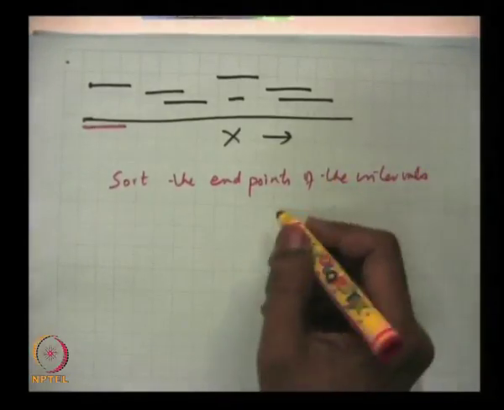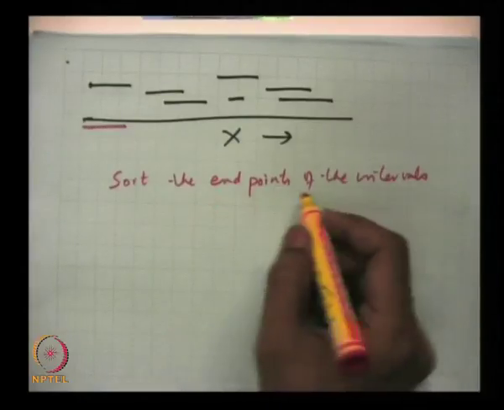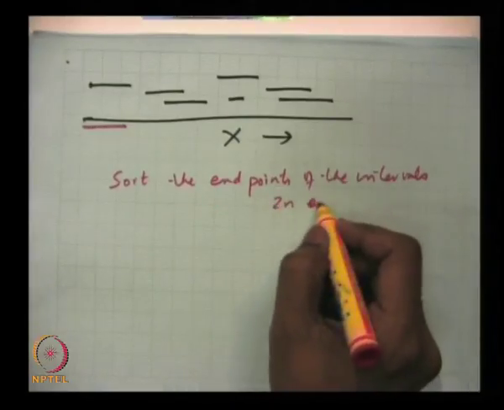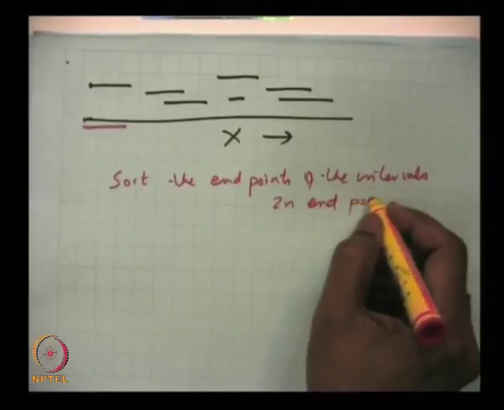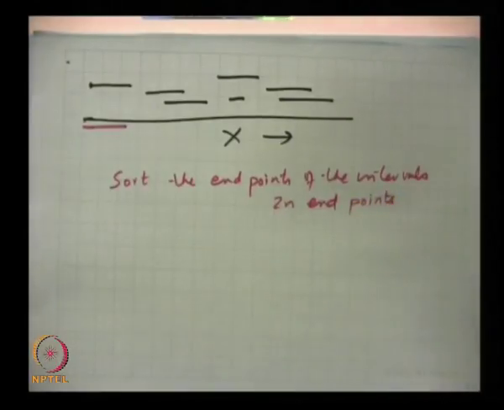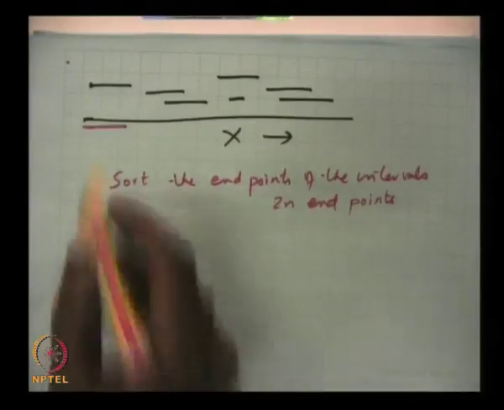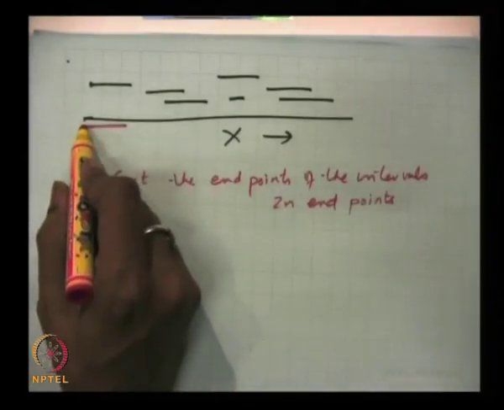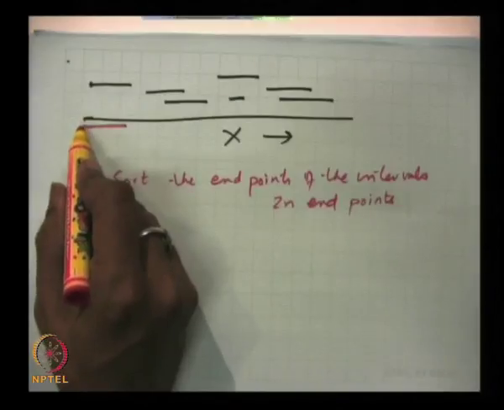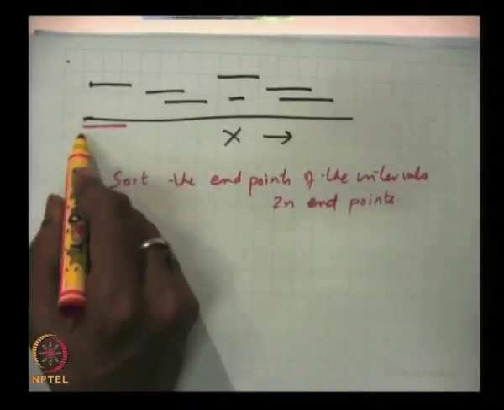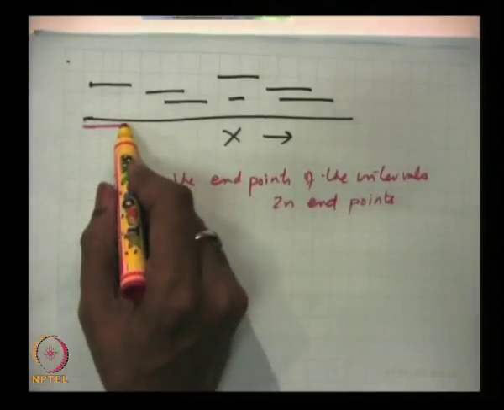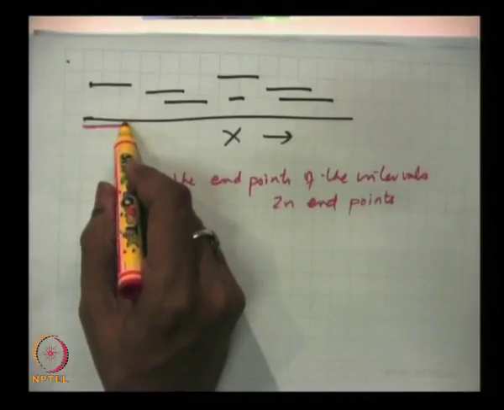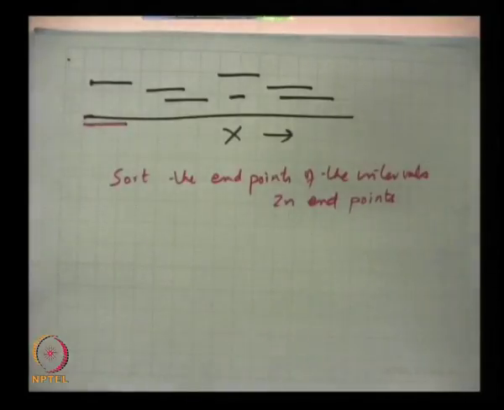Okay. So, there are two endpoints to be sorted, fine. I do that, and then I start walking from the leftmost endpoint of the interval. And as we walk, I have to keep track of the fact that at any given point of time, is there any interval covering that x axis.